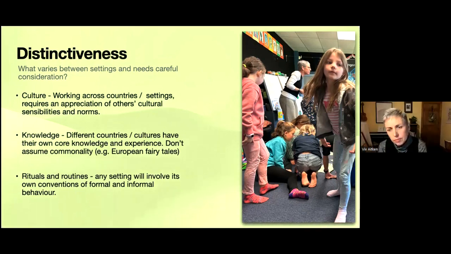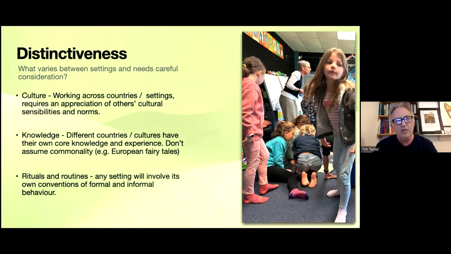And as Viv says, one of the principles, for me anyway, is to ask, how are things done here? Because the people who know are the people in that community. If it's a classroom, it will be the children. So if you want to find out how things are done, you ask the kids, which of course is the principle of Mantle of the Expert.